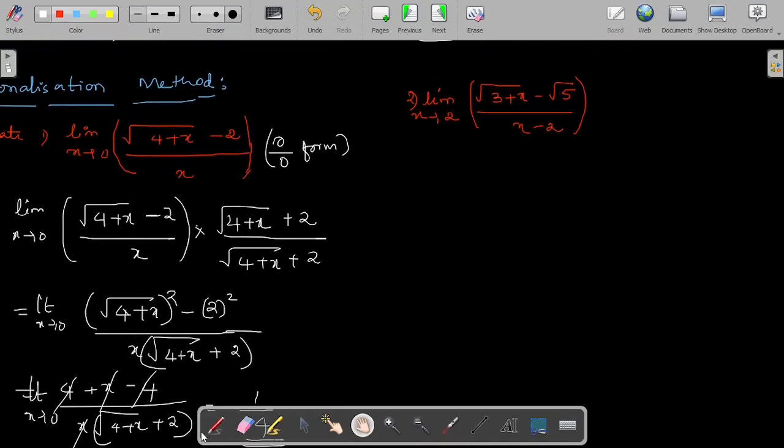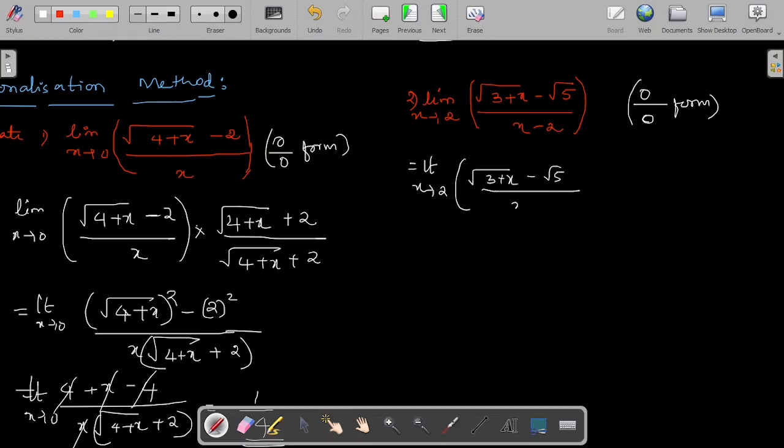Now similarly, one more problem. When you apply the limit here, this function involves a square root, so we use the rationalization method, and it is giving an indeterminate form. Root 5 minus root 5 is 0, 2 minus 2 is 0. It is 0 by 0 form. So you will get limit x tends to 2, root of 3 plus x minus root 5, divided by x minus 2, into root of 3 plus x plus root 5, divided by root of 3 plus x plus root 5.